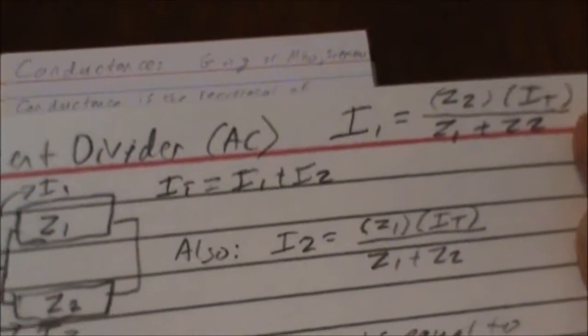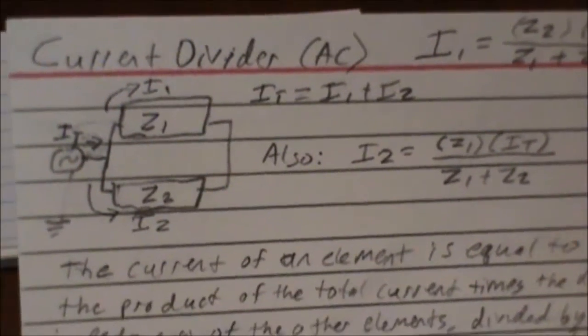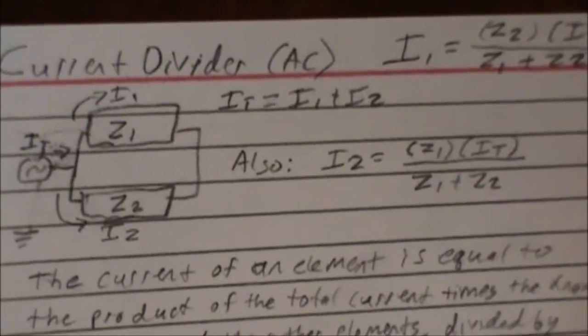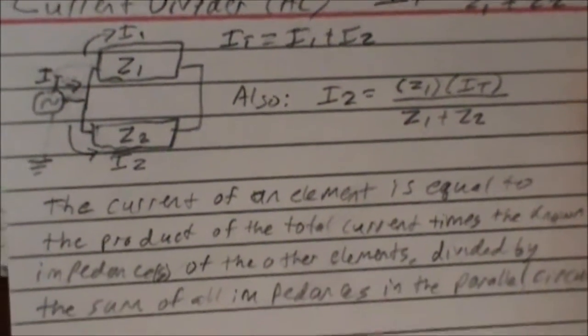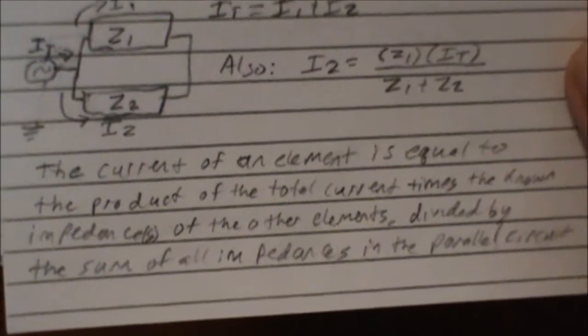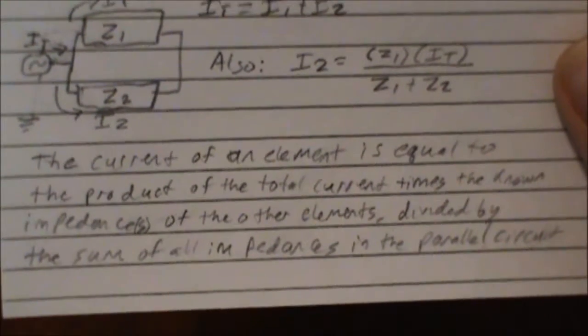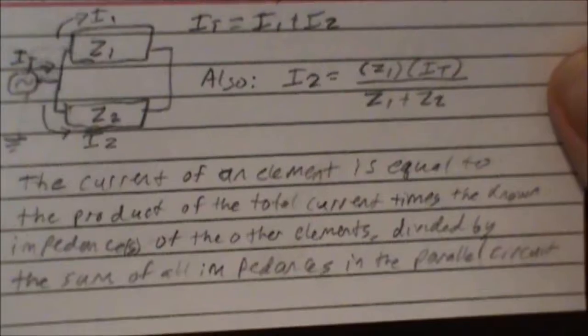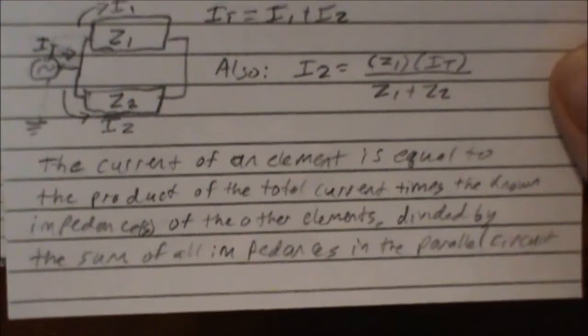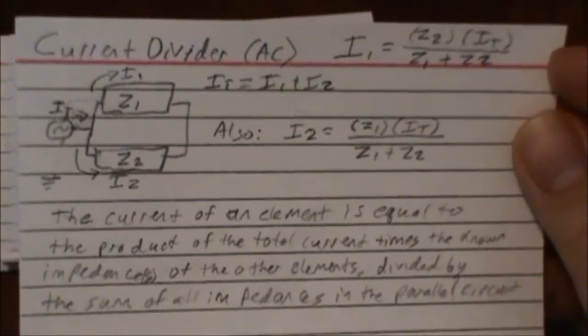That's your product, and then the sum is the sum of the two impedances. So, the current of an element is equal to the total current times the known impedance of the other elements, divided by the sum of all impedances in the parallel circuit.